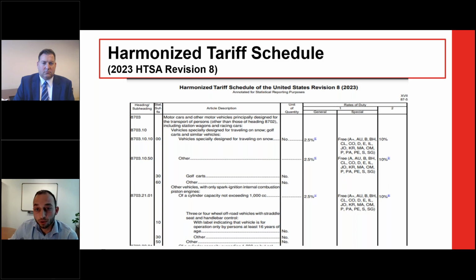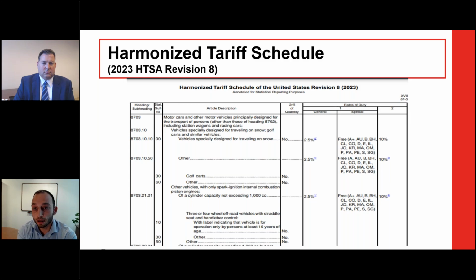And the final three columns identify the rates of duty. The column named General identifies the most favored nation duty rate that will be applicable to products of origin with which the United States has normal trade relations. So that will essentially be almost all countries except, I believe, 4.